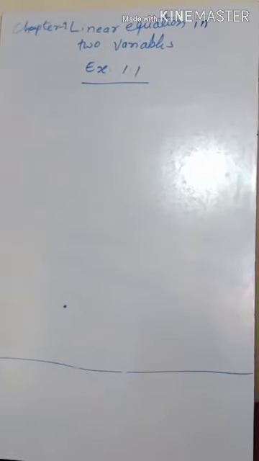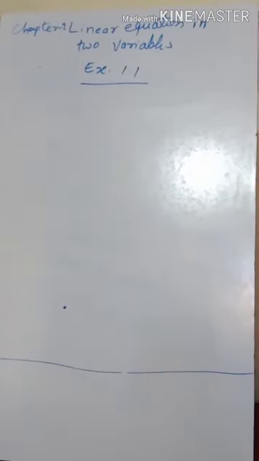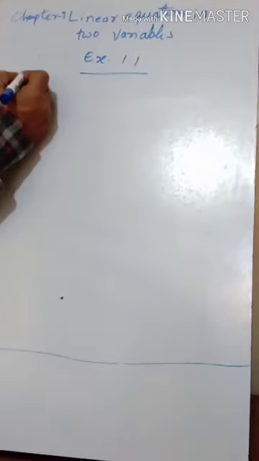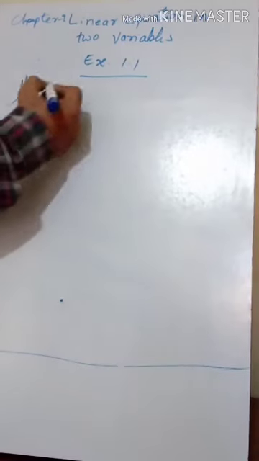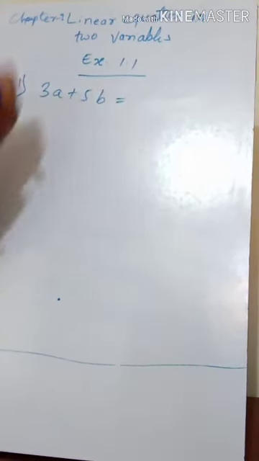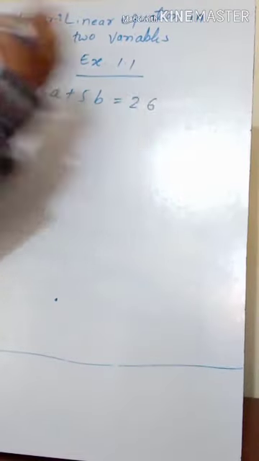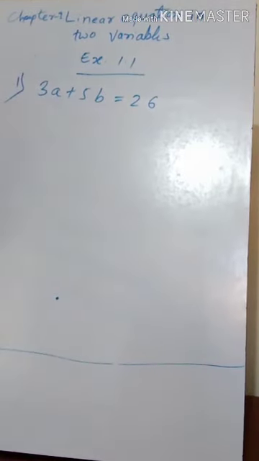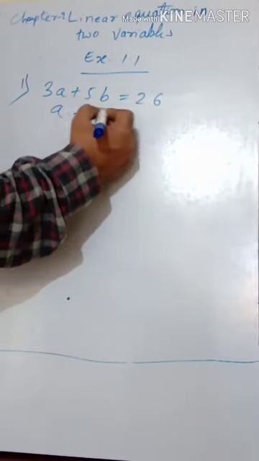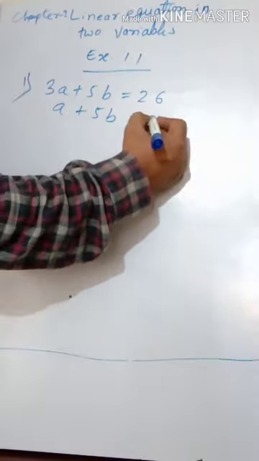Student, now I am going to start exercise 1.1, in which the first sum is 3a plus 5b is equal to 26 and a plus 5b is equal to 22.